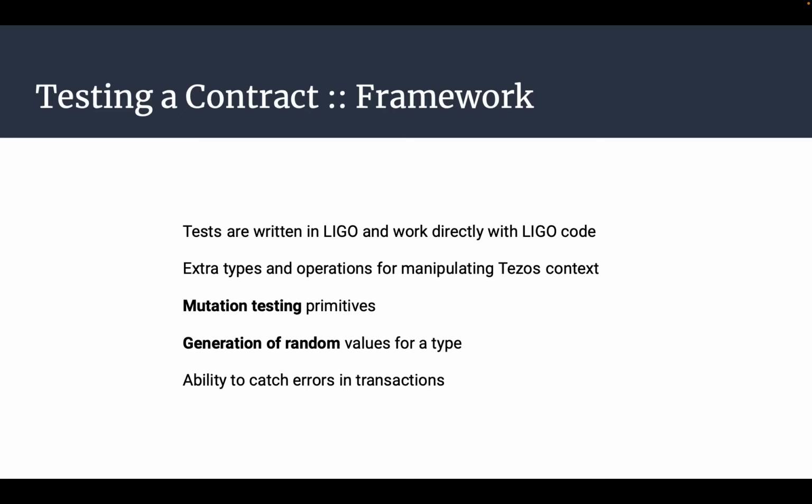For example, you manipulate an integer, and the mutation testing is going to mutate the integer in order to see if the contract behavior changes, and see if you have some tests which are going to turn red. And if the tests are not going to turn red, maybe you have some tests which are missing. There is also the capability to generate random values or types.